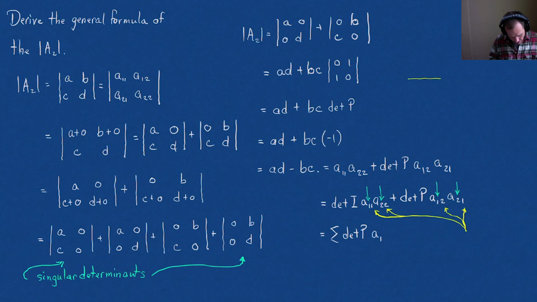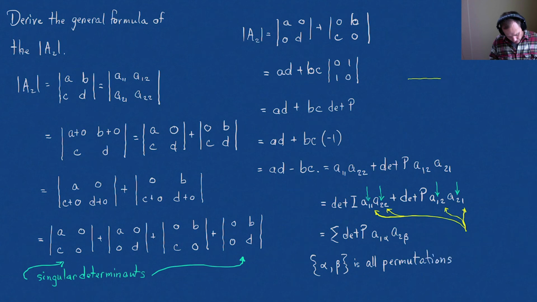and what we call it is alpha. And then A2 times some value of beta. And that's it, where alpha and beta is the set of all permutations.